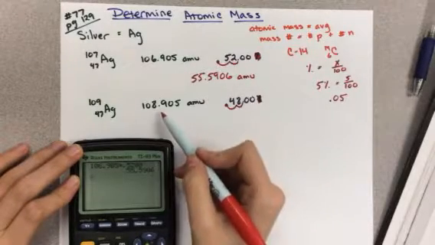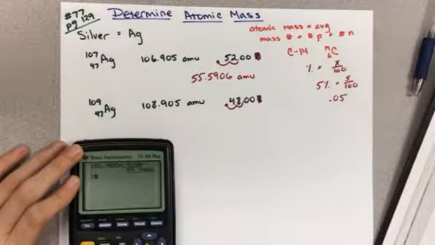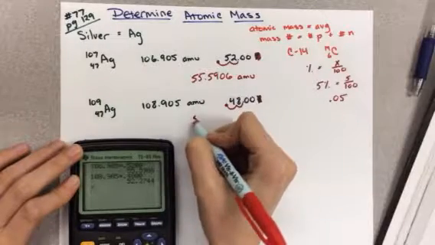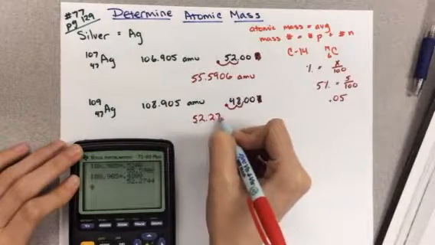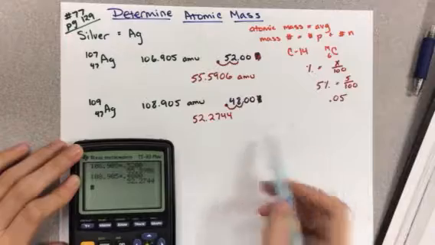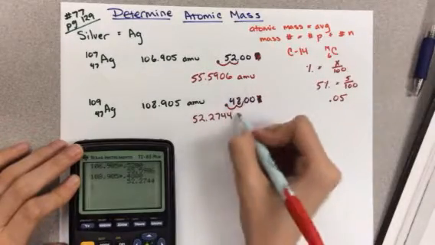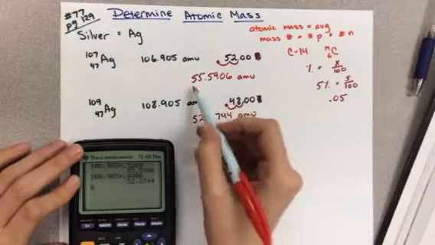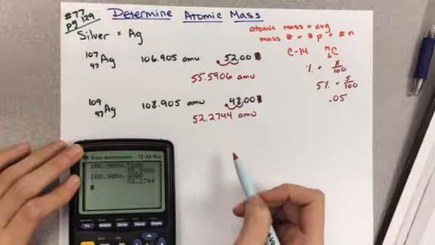All right, and now we have to do the same thing for this isotope. So 108.905 times 0.4800 gives me 52.2744.